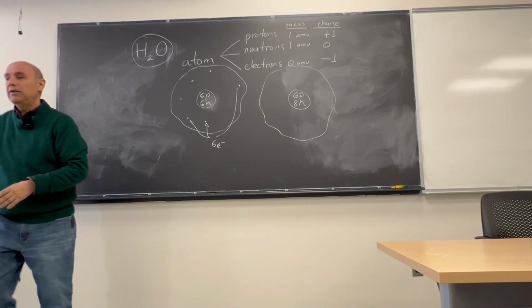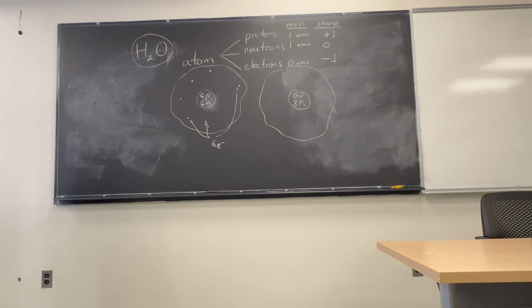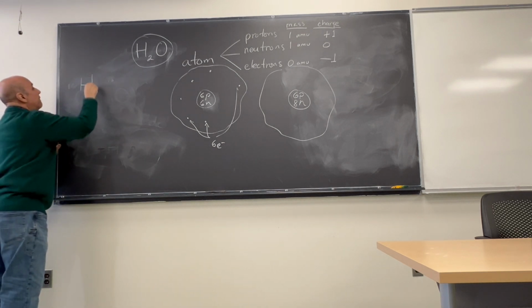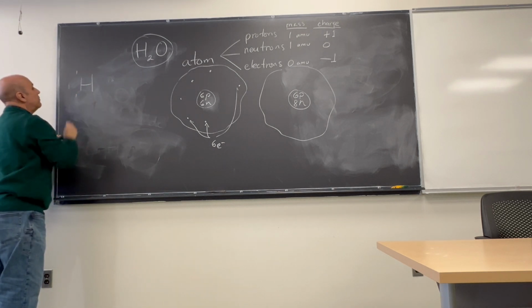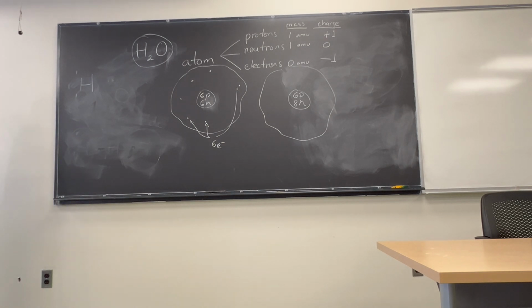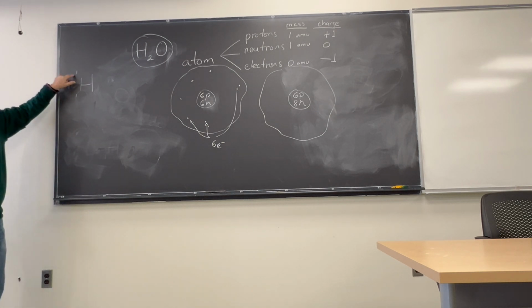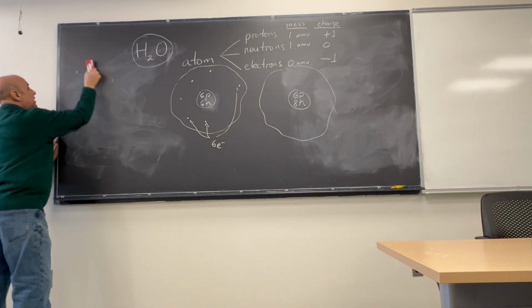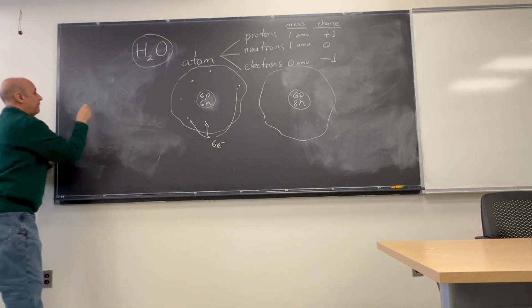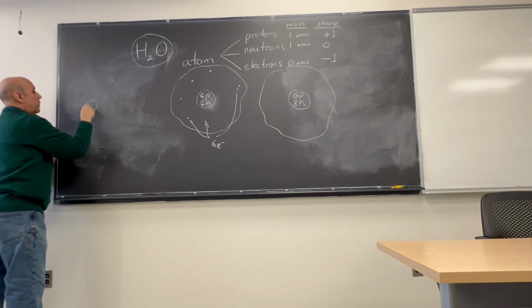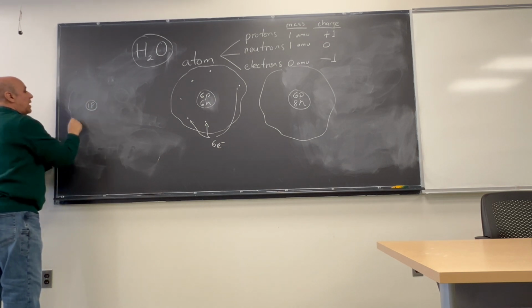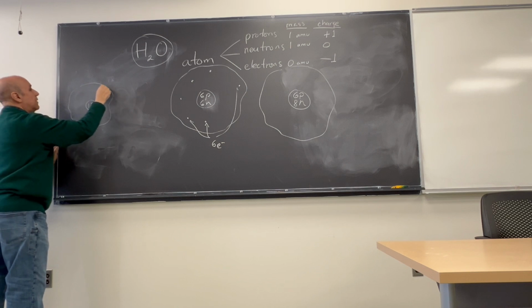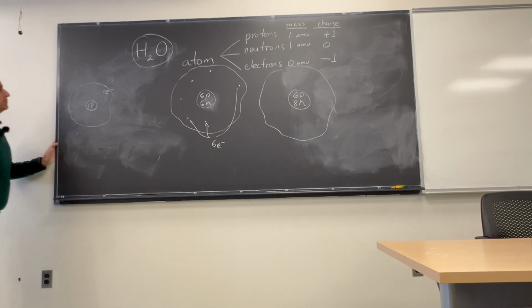Super stable. If you find hydrogen in nature, it's not very happy. It's always exploding, always blowing up. Hydrogen in nature happens to have, most of the time, that configuration: 1 proton, no neutrons. If I make that into a cartoon like those, I'm going to draw the core with 1p, and in the cloud, I'm going to put 1 electron.